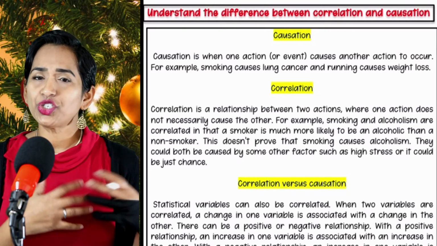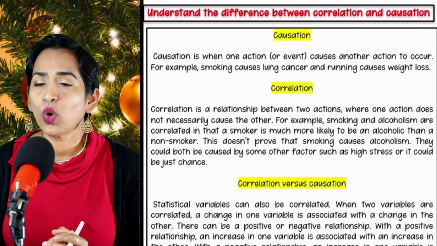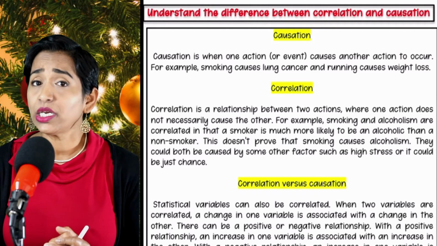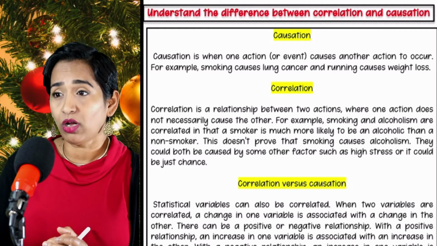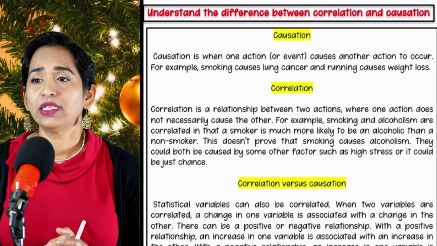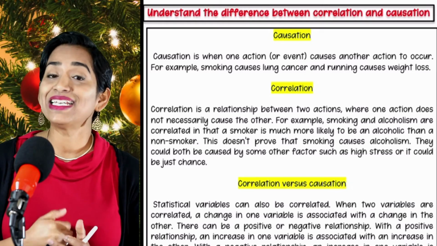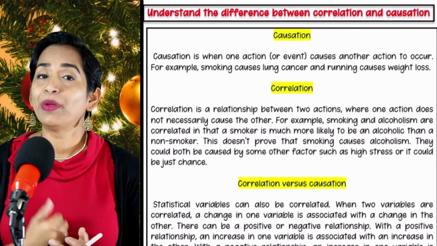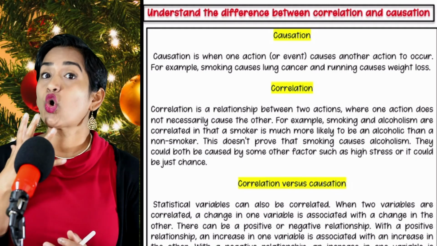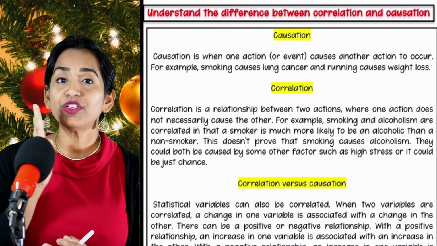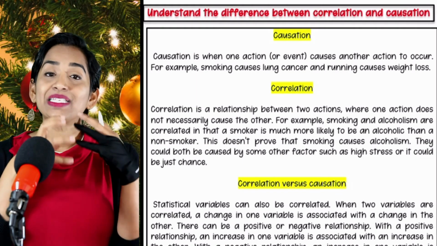Correlation is a relationship between two actions when one action does not necessarily cause the other. For example, smoking and alcoholism are correlated. Smokers usually tend to drink alcohol, but smoking does not cause alcoholism, though it does cause lung cancer. See the difference? There is a relationship, but it's not causing it.